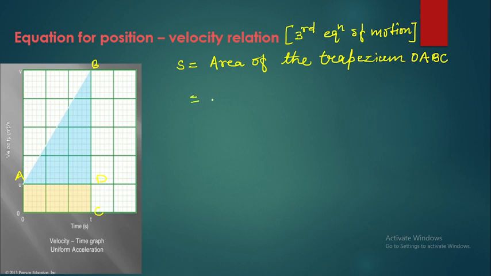We know the area of the trapezium is half into the sum of two parallel sides. In this trapezium, the parallel sides are OA and BC. So OA plus BC into the distance between the two parallel sides, which is OC. Equation number 4.